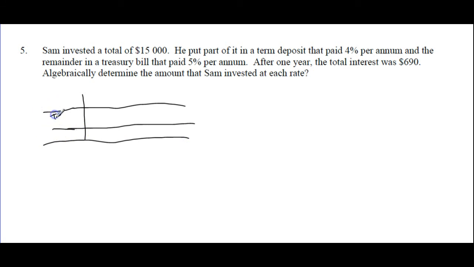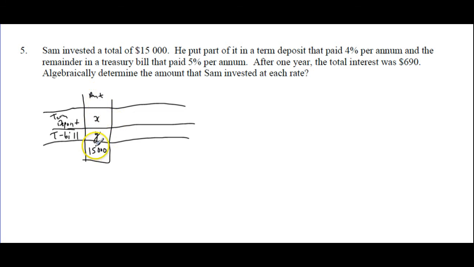So term deposit, T-bill. Okay, so the amount, well, let's call them X and Y. And what do we know? Well, we know that X plus Y is 15,000, right?